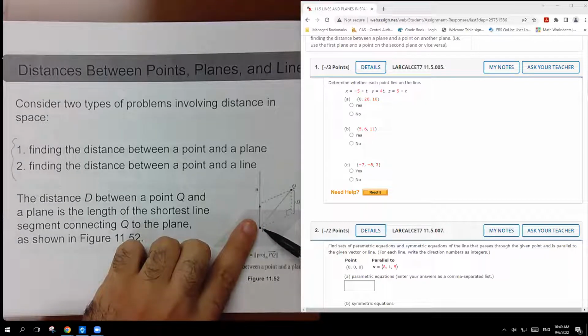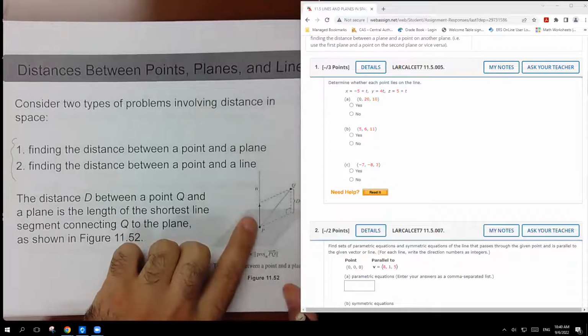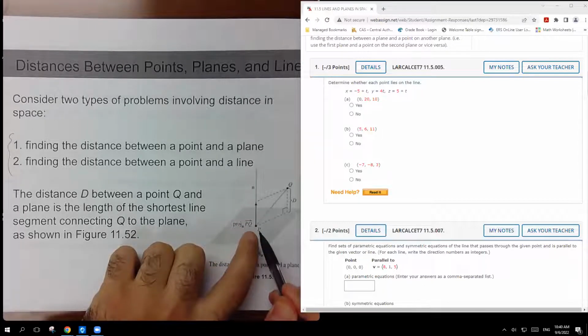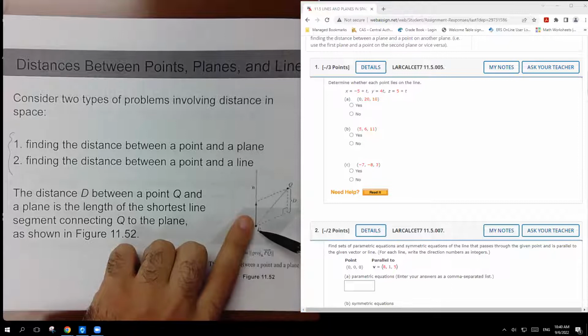Here's the new vector. They're going to give you the Q. In this example, when they ask you to find the distance, they're going to give you the Q, which is a point outside the plane. You need to find a point on the plane. Then find a vector from this point to this point. We're going to get a new vector.